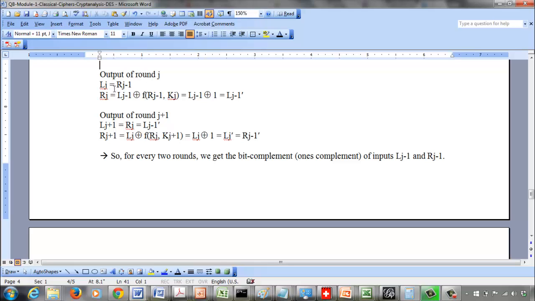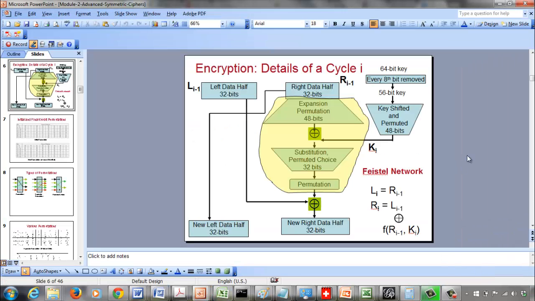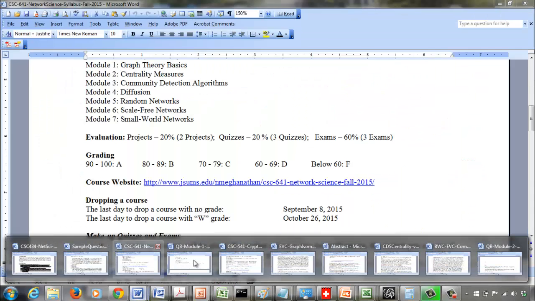So this is according to the Feistel function property. The output of round j is going to be, let's say, Lj is simply Rj minus 1, and the right half is like the Ri, so just replace i's with j's in our case. So Rj is going to be Lj minus 1 XORed with the Feistel function of Rj minus 1 and Kj.